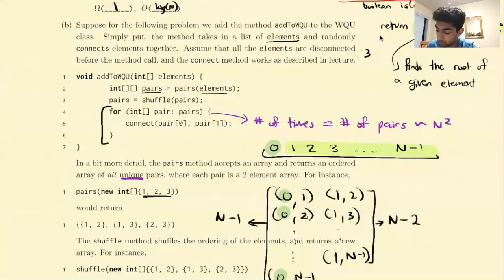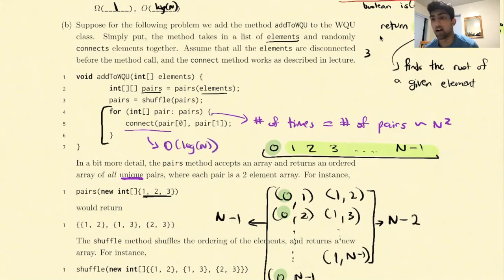So if this for loop is getting executed n squared times, how much work will each connect call take? Okay, so what I'm going to show now is that from the previous example, we know that connect in the tightest big O bound is big O of log n, right?